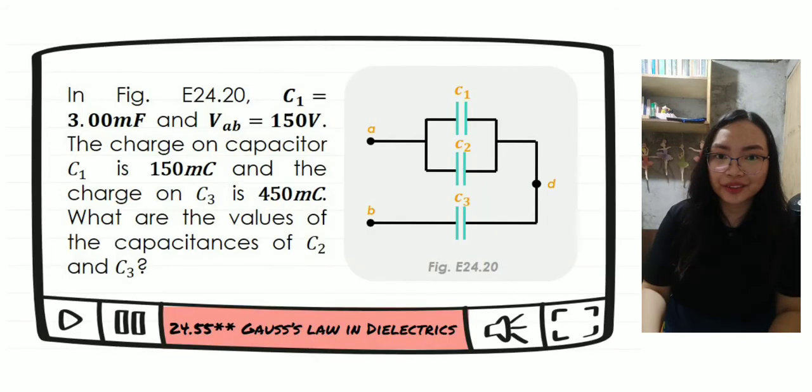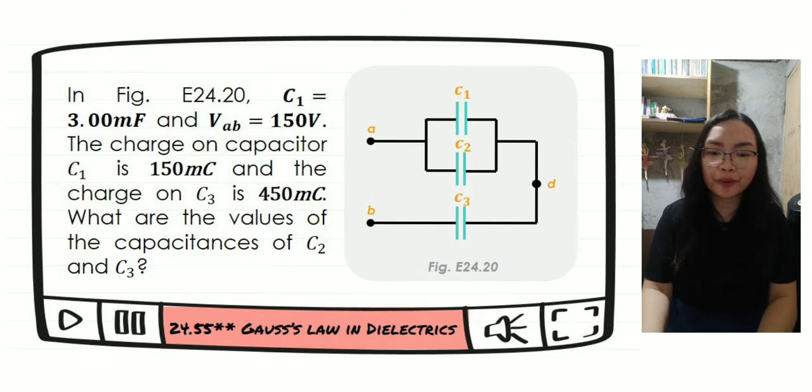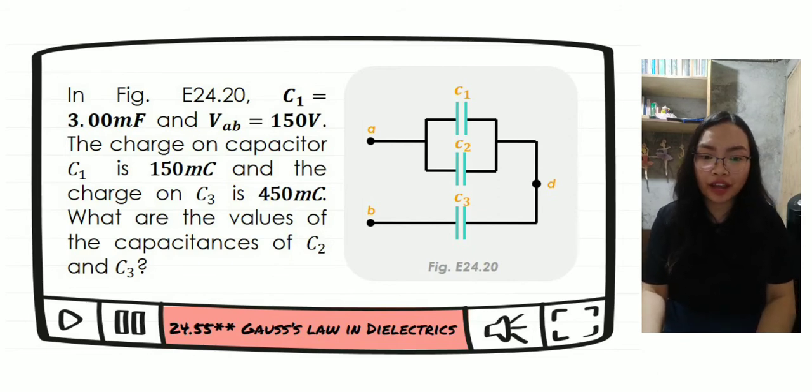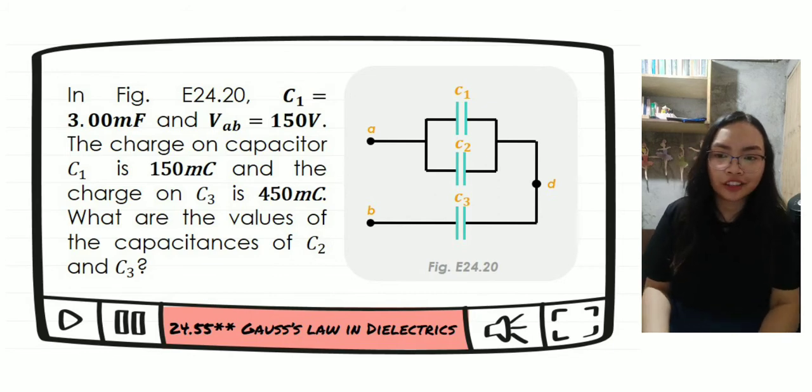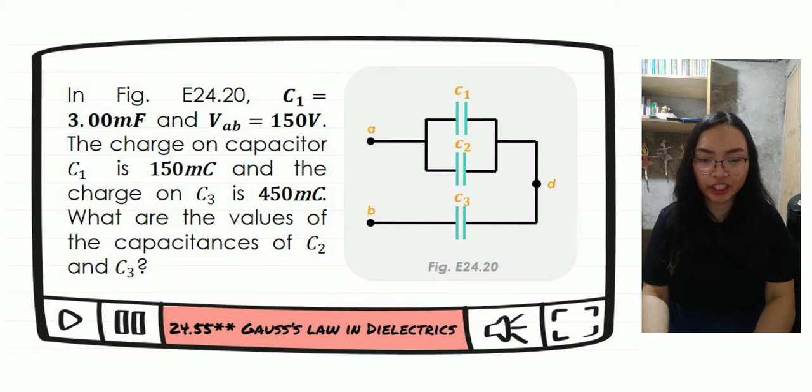So we are now down to our last problem, and this one is from item 24.55, and this has an average difficulty. Just like problem number 2, this also deals with Gauss's law and dielectrics.